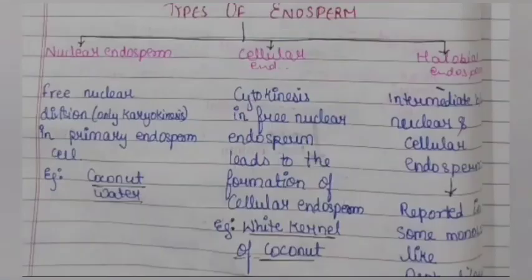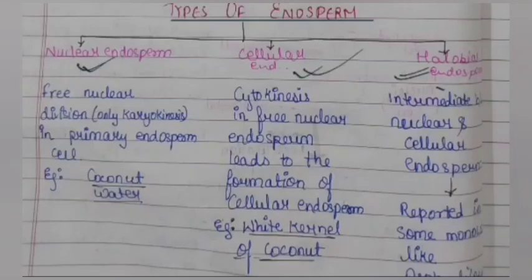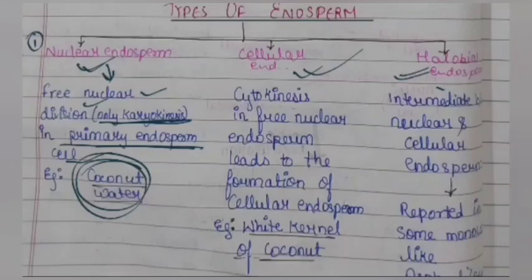Now let's talk about the types of endosperm, which can be classified into three types. The first one is nuclear endosperm, then cellular, and then helobial. The nuclear endosperm is formed from free nuclear division, by only the process of karyokinesis, in the primary endosperm cell. Example: coconut water.